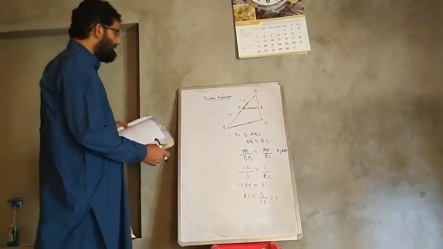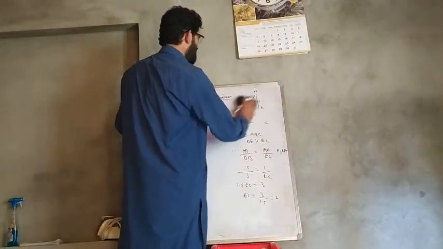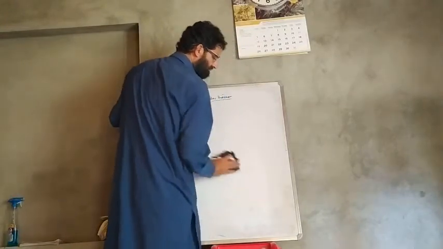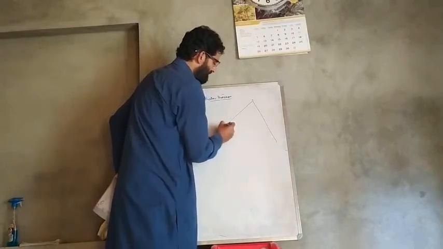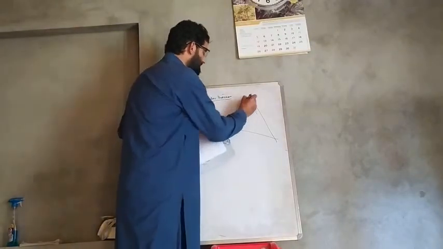Now similarly, there is the second part of this question number 1. It is like this. This is again a triangle. ABC is a triangle.